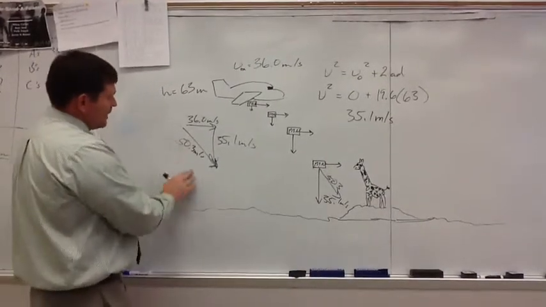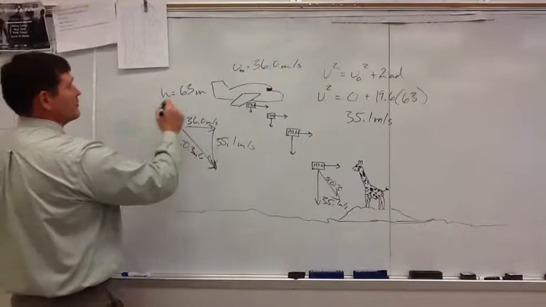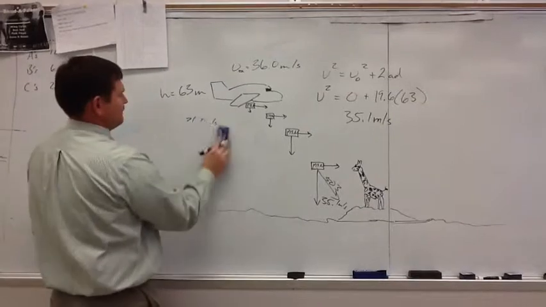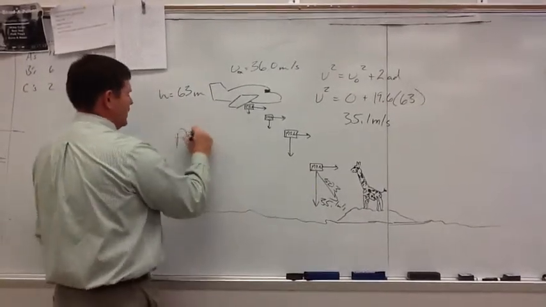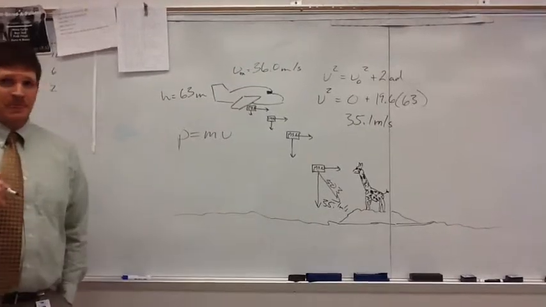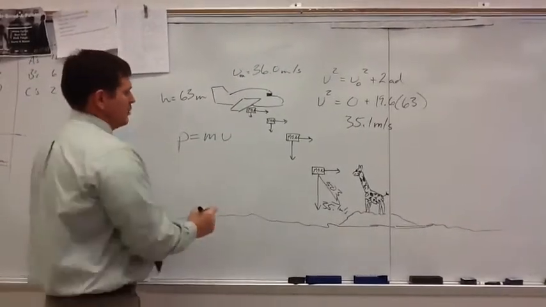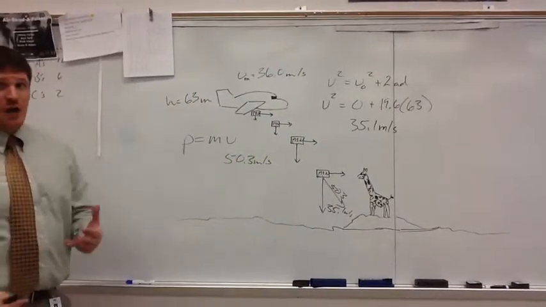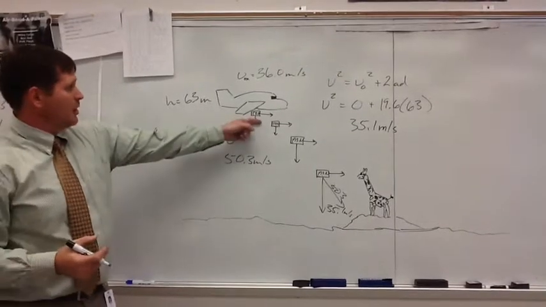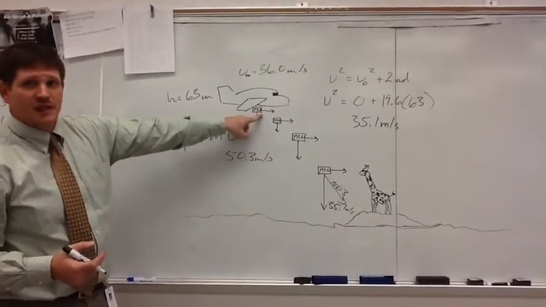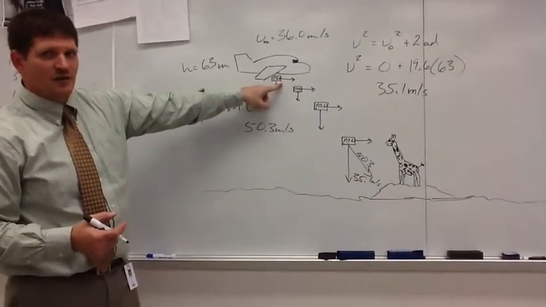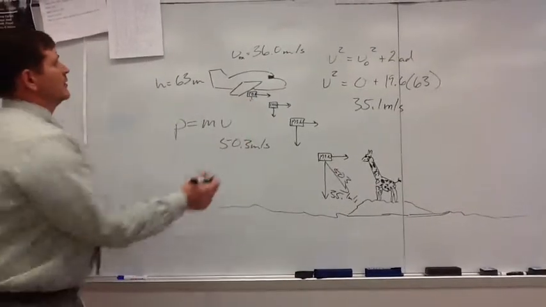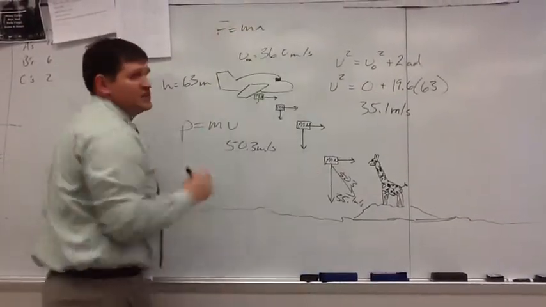So, in order to figure out the momentum, we need to first remember what our equation is. We need to know the equation p equals mv. If momentum equals mass times velocity, we know the velocity of the box is 50.3 meters per second. What we don't know, though, is the mass of the box. What we have is a force. Our force is 173 newtons. Okay, this is where people start getting confused and start throwing this number in here for mass. This is newtons. It's a force. Remember, force equals mass times acceleration.